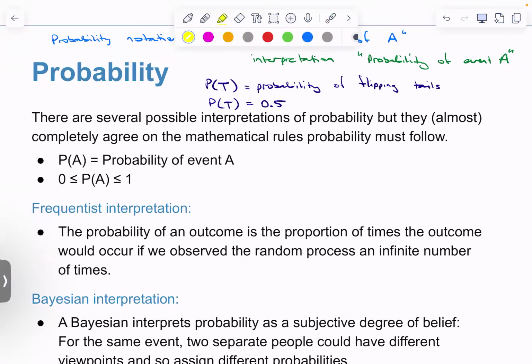Here's the fact that I was building up to, and then I had to retreat because we hadn't introduced probability notation yet. The most important thing that I need you to internalize about probabilities, just as a fact, is that probabilities must be between 0 and 1. They're allowed to be 0 and they're allowed to be 1, but they have to be in between 0 and 1.